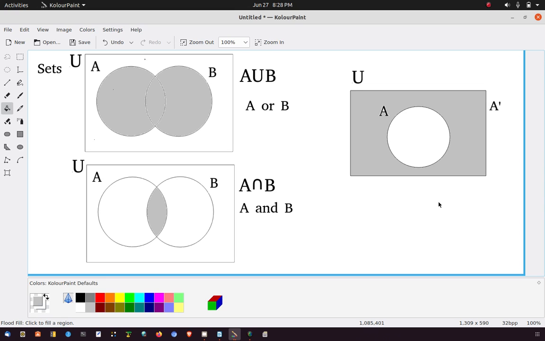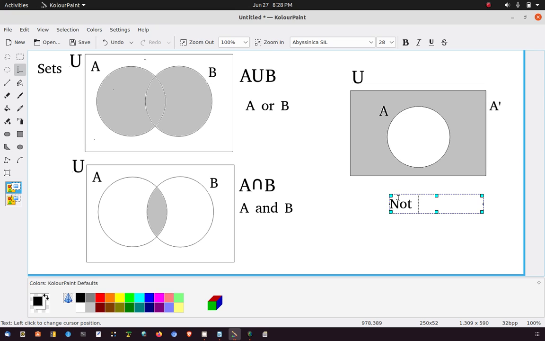Input low, the output high. Alright? In other words, if the input is 0, the output is 1. If the input is 1, the output is 0. Alright, so this really means not A. Because it's representing a NOT gate, not A.